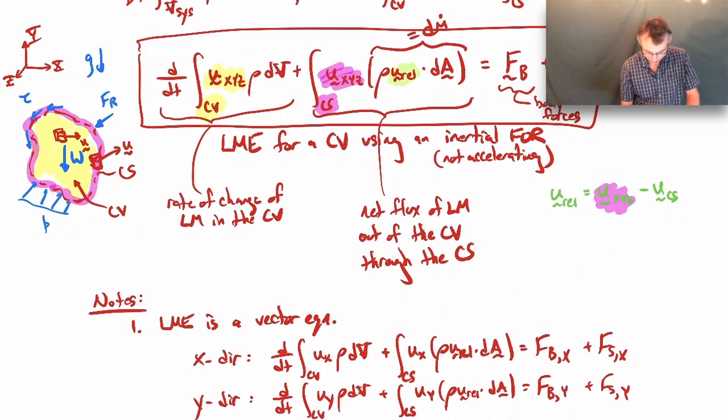So it's this velocity right here at the control surface. In fact, maybe I'll put a subscript CS there to make it clear that it's at the control surface. So it's the velocity of the fluid there minus the velocity of the control surface. Maybe the control surface is moving at that point. So this might be the velocity of the control surface here, and then this is the velocity of the fluid. Maybe there's some relative velocity between them.